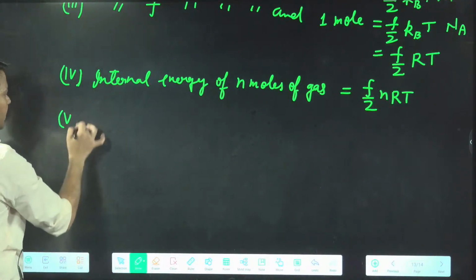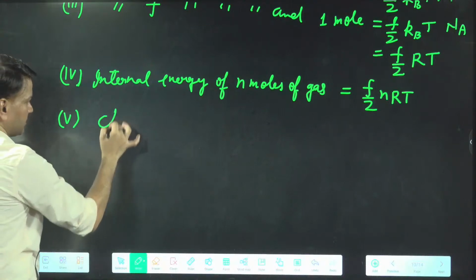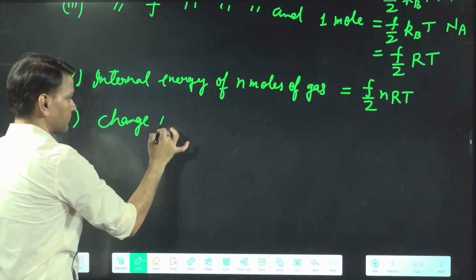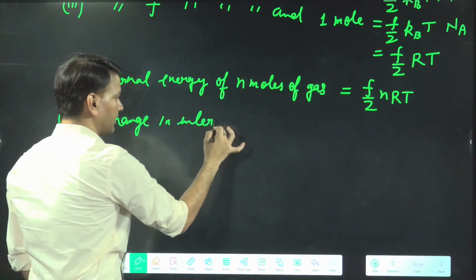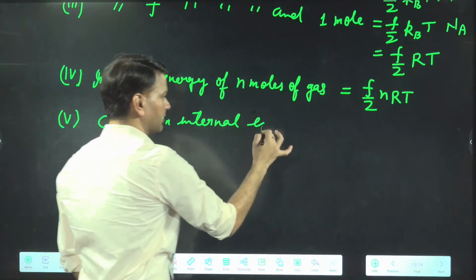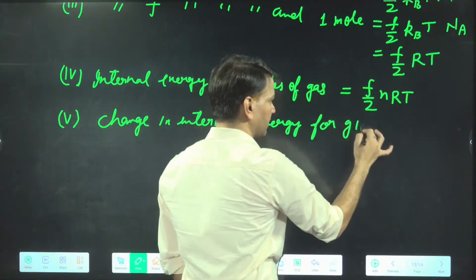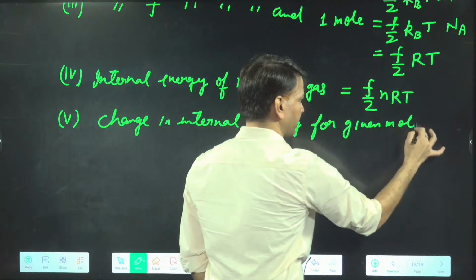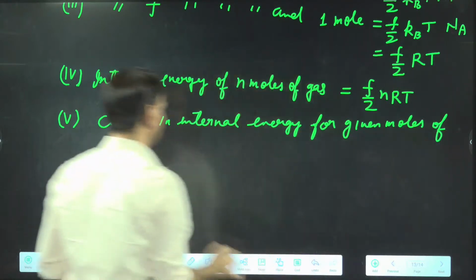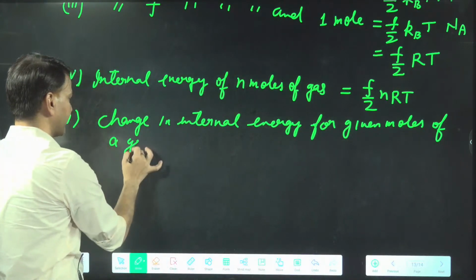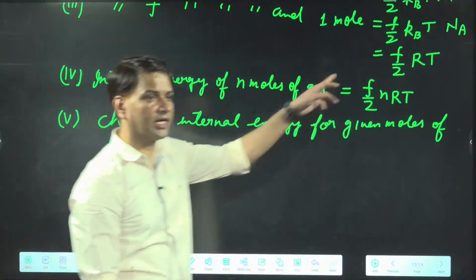Okay. So number 5, I can say change in internal energy for given moles of a gas. Gas given means f constant, given mole means n constant.